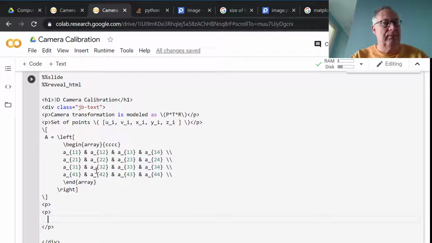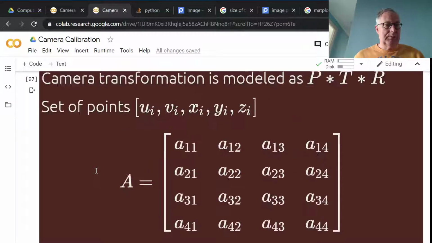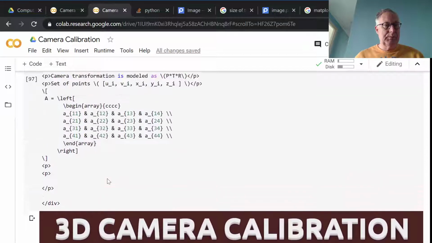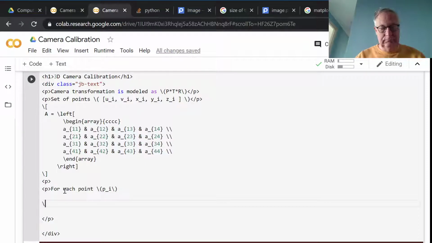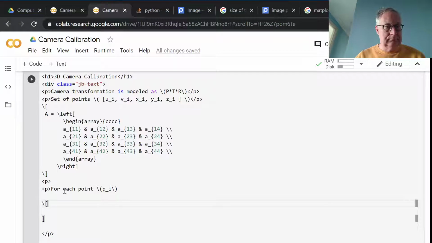And then the equations that I get for each point, and this is going to be a little bit of a monster equation now.